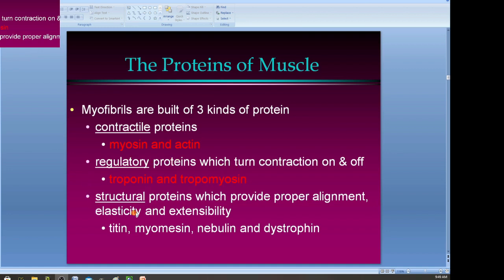And then we have structural proteins. Structural proteins are going to be involved in holding things together and aligning the contractile proteins properly and allowing for elasticity, extensibility, basically just holding things in place.